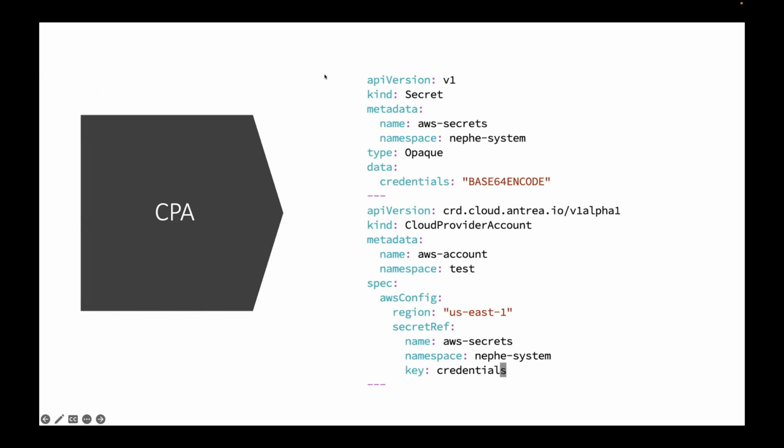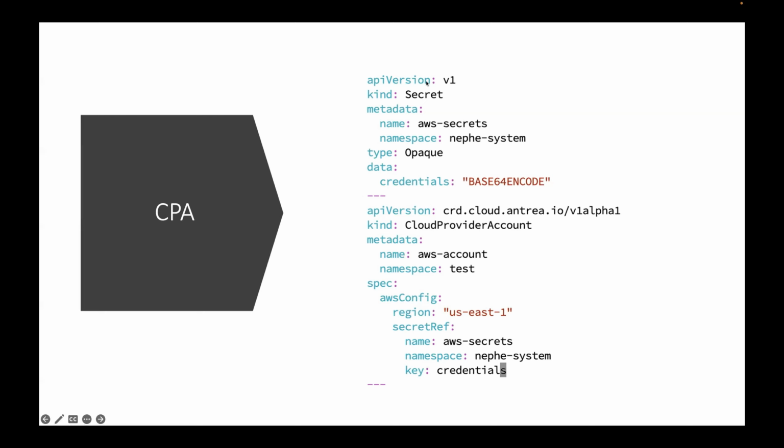That's good. All right, sample CPA. Here we are adding a secret. Earlier, we were adding the access key and secret key inside the CPA object. But due to security concerns, we separated this into two.